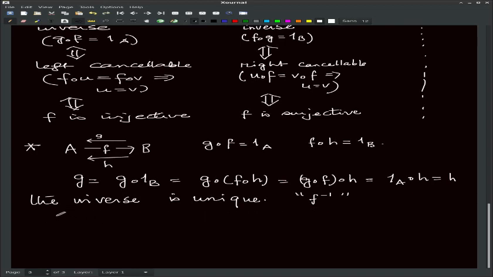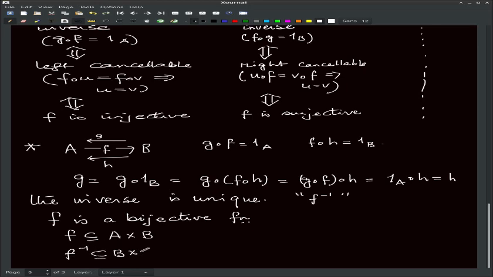So when F is a bijective function, you know F is a subset of A cross B, and its inverse is a subset of B cross A. That is also a function.